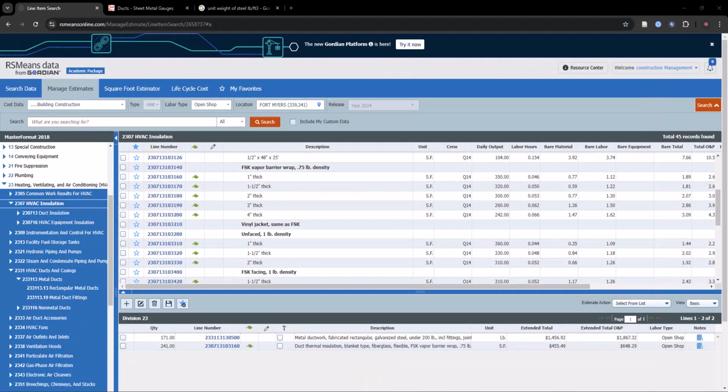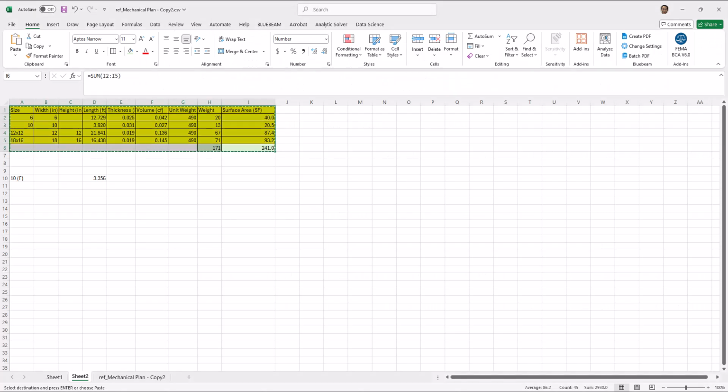So now let's go back here to see. And then we have the flexible duct. The flexible duct, normally that one is measured by feet. We have this one is 10 feet, and for 10 inches flexible duct, that one is 3.3, 3.4 feet.